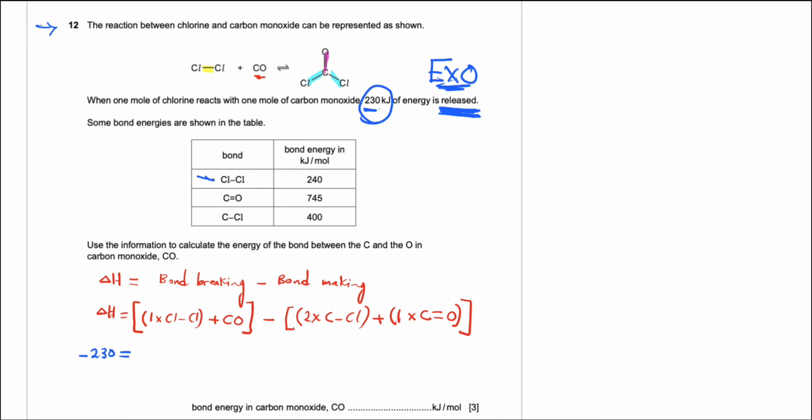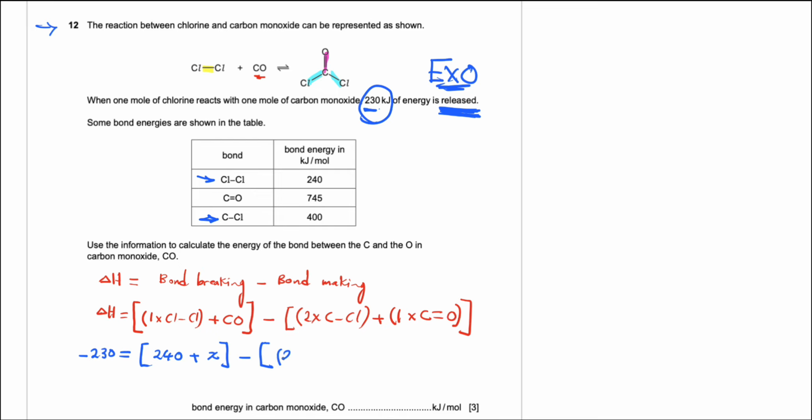Now the bond between chlorine and chlorine is 240. So 240 plus the bond between carbon and oxygen, and this is the unknown. I'm just going to put it here for you as X. That's for the reactant side, minus the bond making in the product side, 2 times the bond between carbon and chlorine, and that's 400.